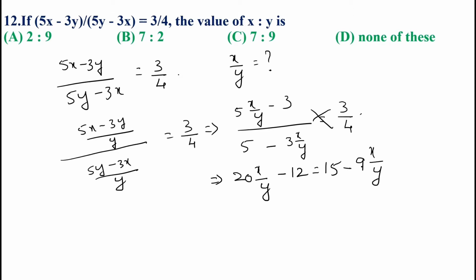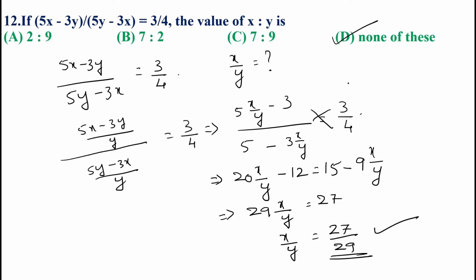So if I take this minus 9 x by y to this side, 20 x by y plus 9 x by y, so this will become 29 x by y. And 15, if I take this 12 to that side, then it will become 27. X by y is equal to 27 by 29. None of these is the answer.